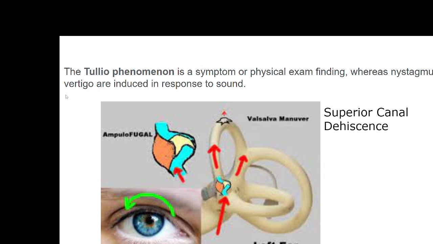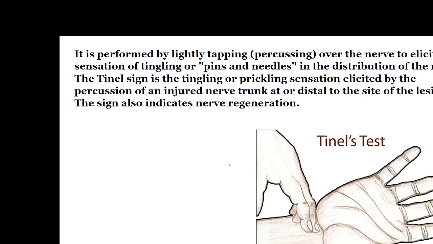The cochlear apparatus may be affected, with irritation of the vestibulocochlear component, so a sudden sound produces nystagmus. It is usually seen in pathologies of the superior canal, and it can occur in such conditions as well.